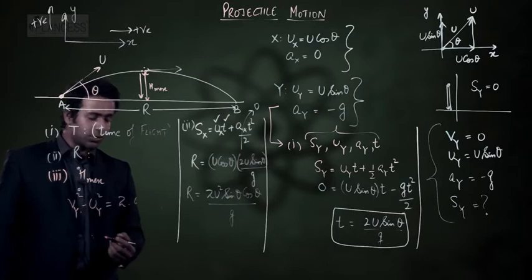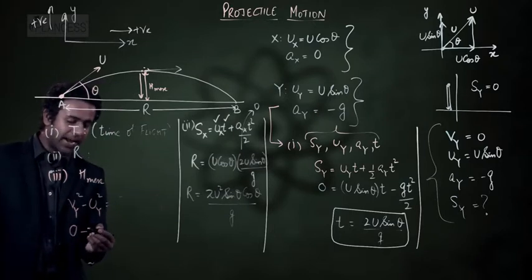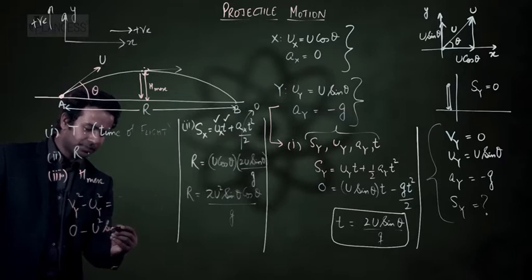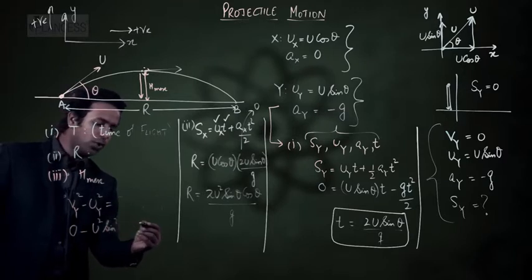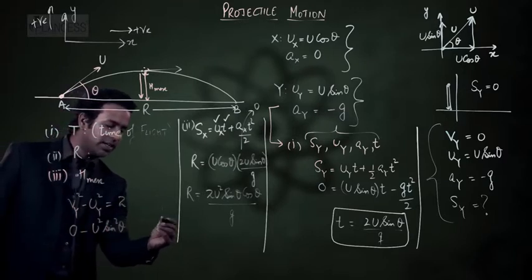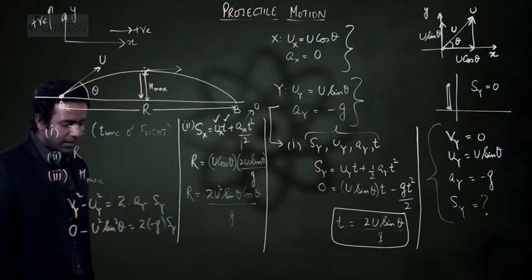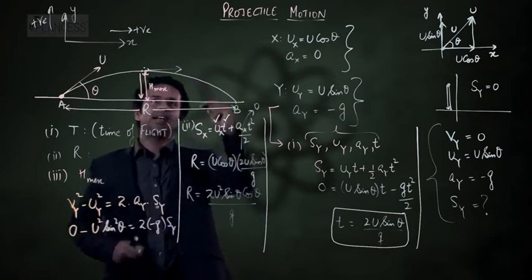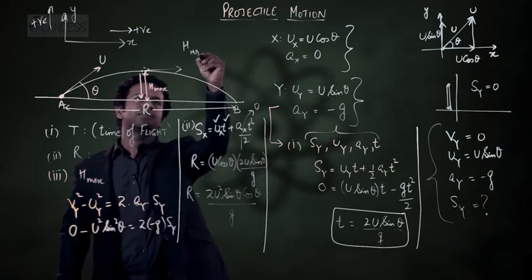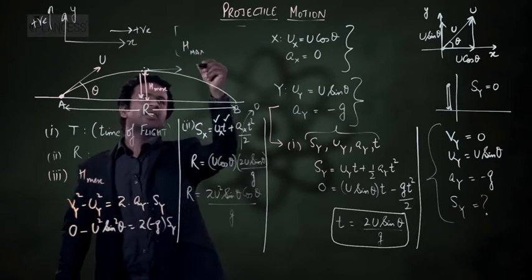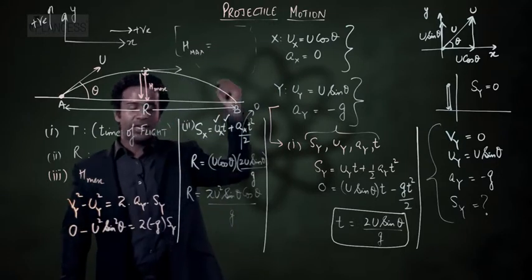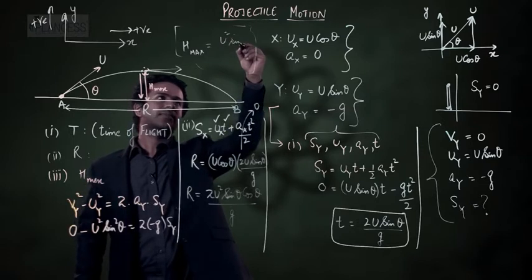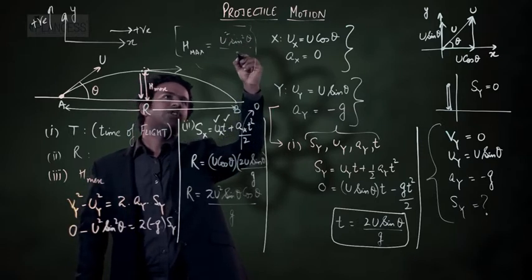Making substitutions, you see that 0 minus u square sine square theta is equal to 2 into minus g into Sy. So the minus signs will cancel and you finally get that the H max for this projectile is equal to u square sine square theta by 2g.